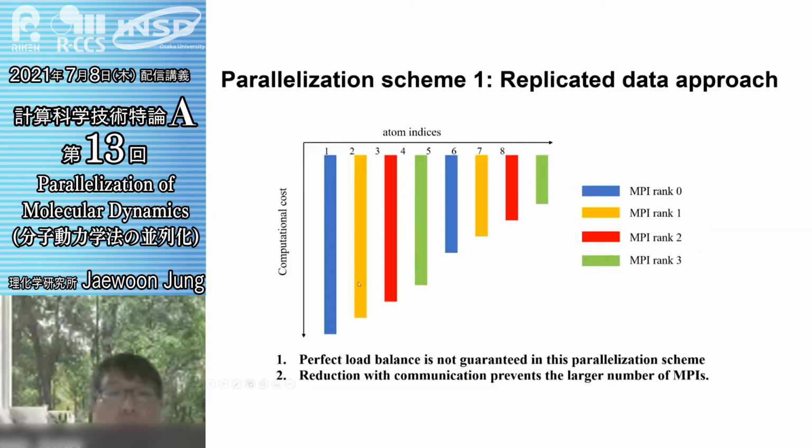And moreover, the communication cost of the reduction is very large, and this prevents the usage of a larger number of MPIs. So nowadays, there are some MD programs using this scheme, but if you consider high performance MD simulation, no MD programs are using this kind of parallelization.